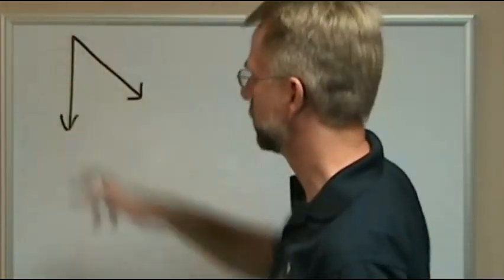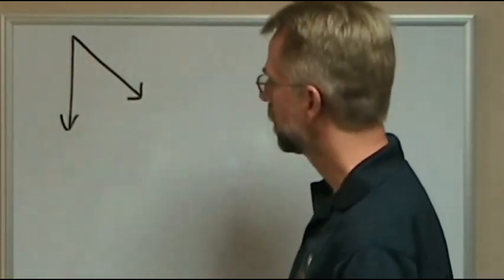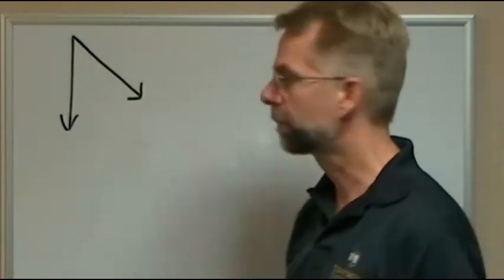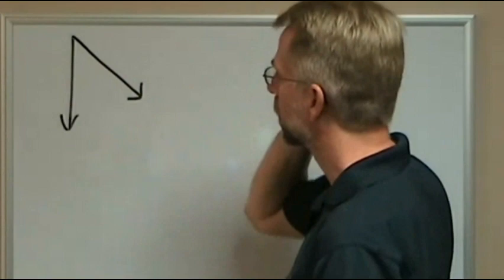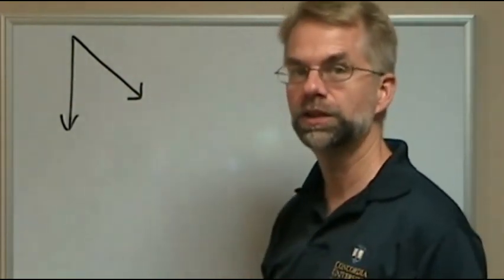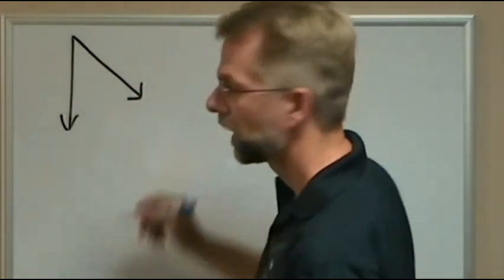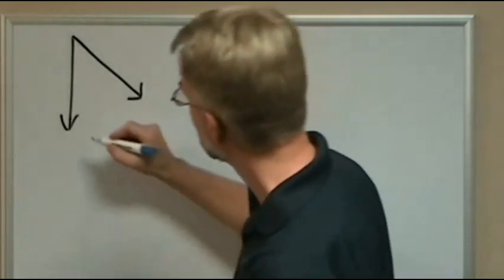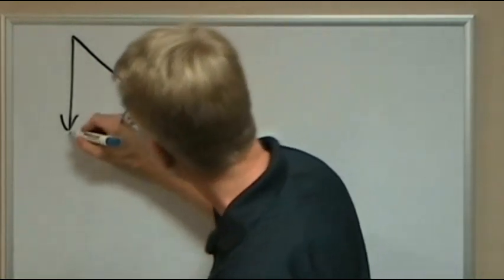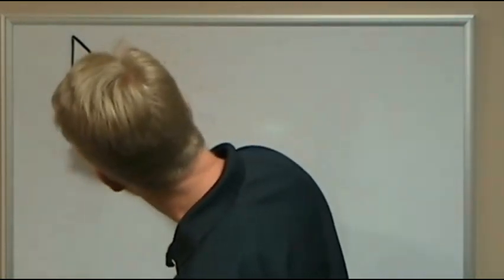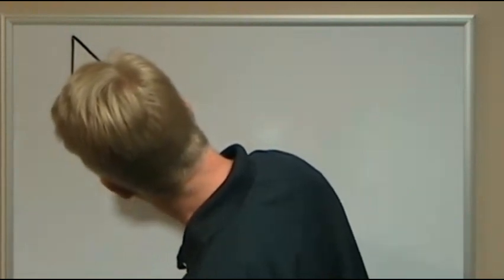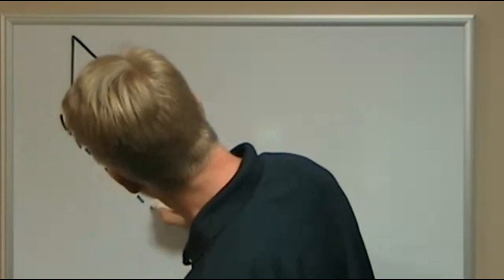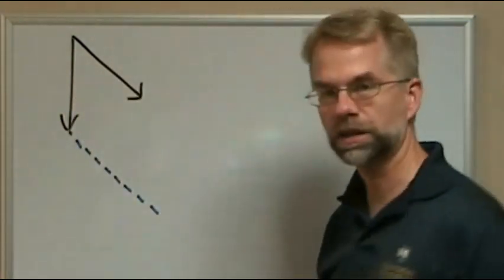Once you have the bases in the same place, then you complete the parallelogram by going to the tip of each vector and drawing a line that's parallel to the other vector. I'm going to draw a dotted line so you can see it better. So from the tip of this vector, I'm going to draw a dotted line that is at least roughly parallel to the other vector.